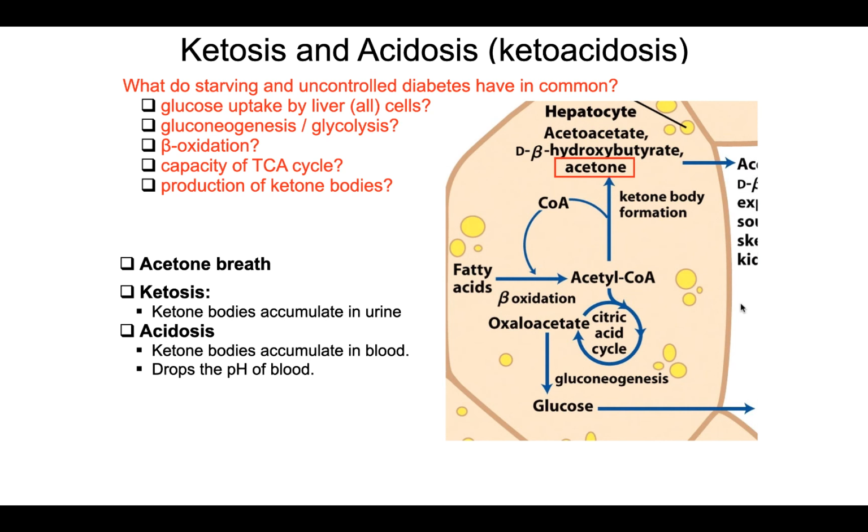Because of that, glucose uptake by the liver cells can't happen. There is no glucose to take up, or in the case of diabetes, it doesn't think there's any glucose to take up, which means that gluconeogenesis is going to increase.